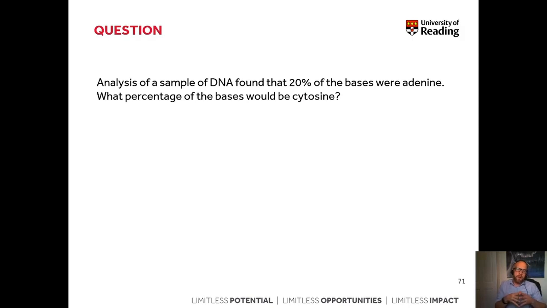The question for you guys here would be, based on the knowledge from this session, imagine you are working in a DNA analysis lab and you picked up a species from a patient sample. So you analyzed the DNA and found in the sample that 20% of the bases are adenines. So what percentage of those bases would be cytosine based on the base pairing rules?